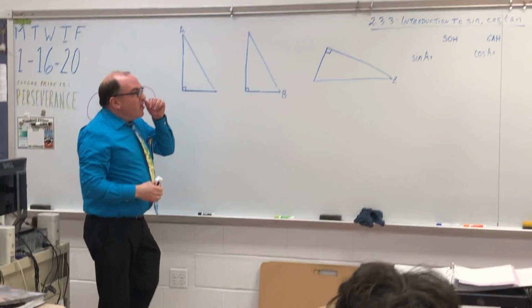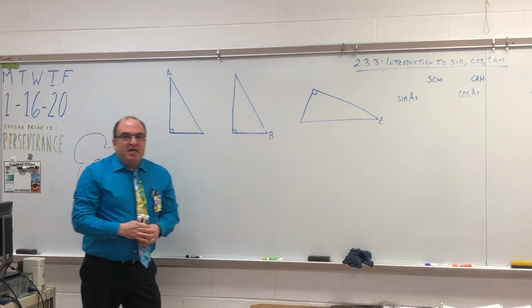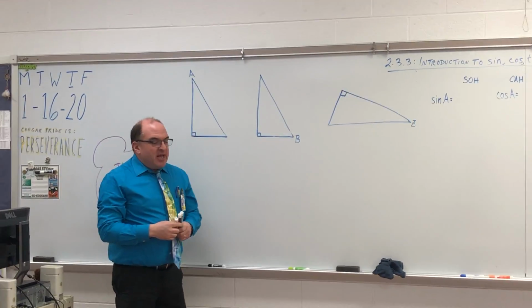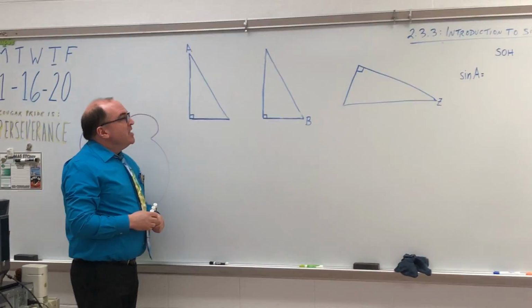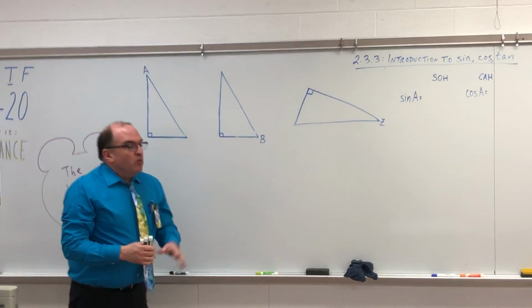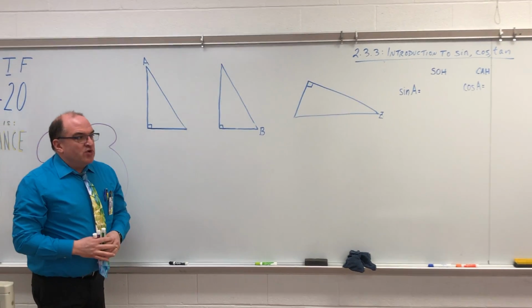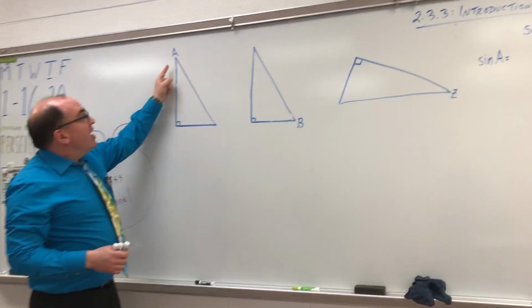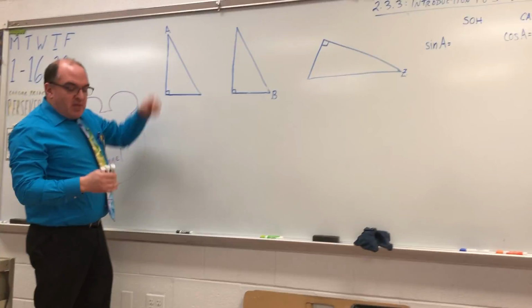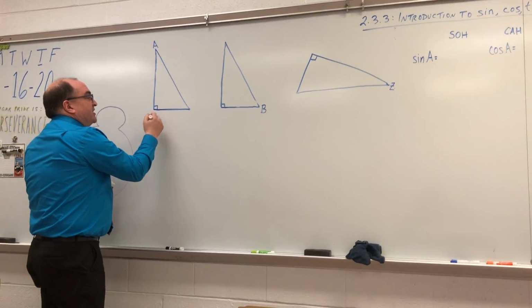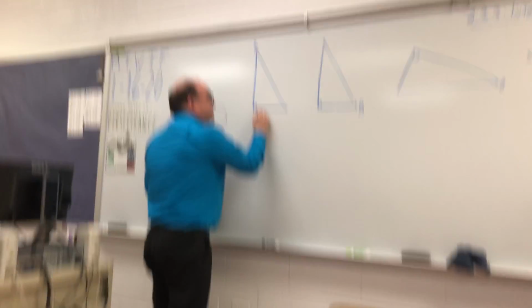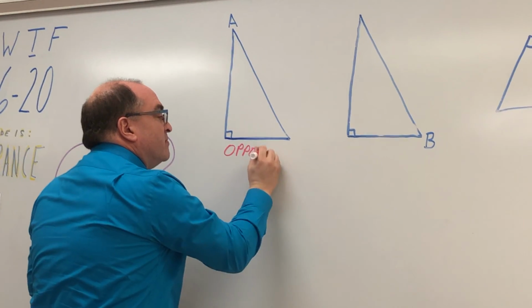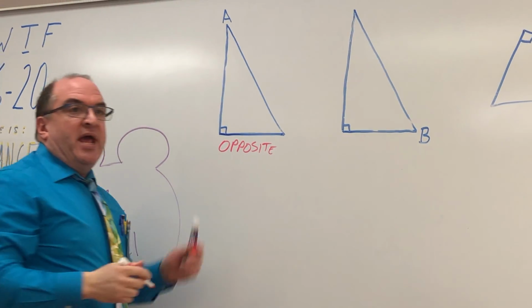Today we are going to start with sine, cosine, and tangent, how that works. We're still working with right triangles. If I'm talking about angle A, does it make sense that this side here is opposite angle A?